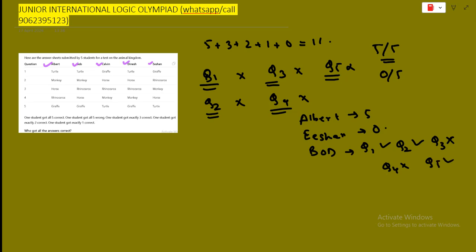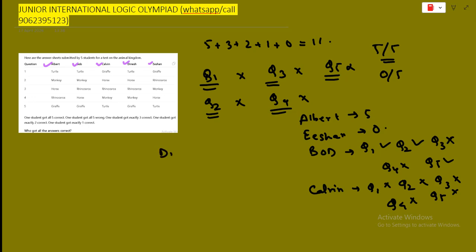For Kelvin, Q1 wrong, Q2 wrong, Q3 wrong, Q4 wrong, and Q5 wrong. Wait, Q4 is monkey, so let's check. If Albert is right, Kelvin got 0, but we already have a 0. Wait, let's check Dinesh.